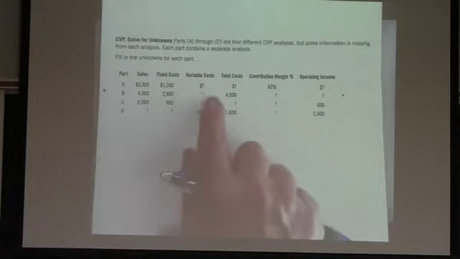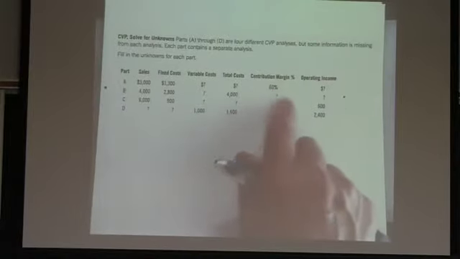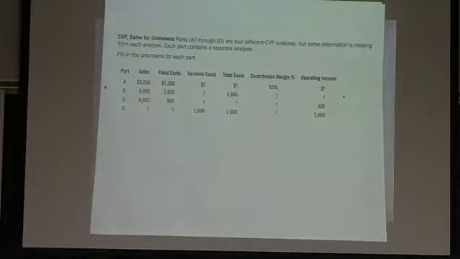So now we can probably figure that out really quickly. And we're not given the contribution margin percentage and the operating income. So those are the three different unknowns. So for part B, the first thing we need to do is solve for the variable cost, because that will help us determine the contribution margin percentage.